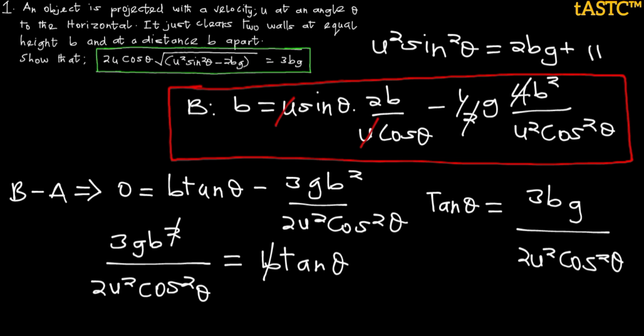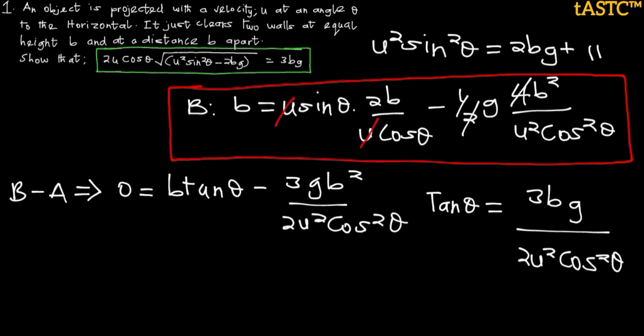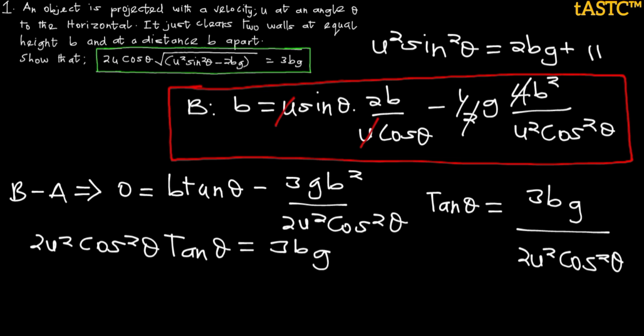So that is what we got. Now I'm going to take this to this other side. So I need to take these out. That will leave us with 2u squared cosine squared theta. Here we're going to have a tan theta. That is equal to 3bg. So that is what we got.